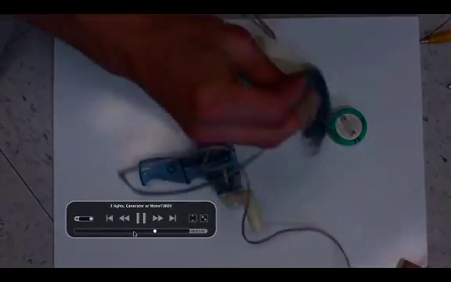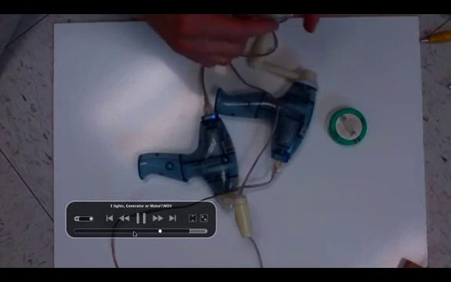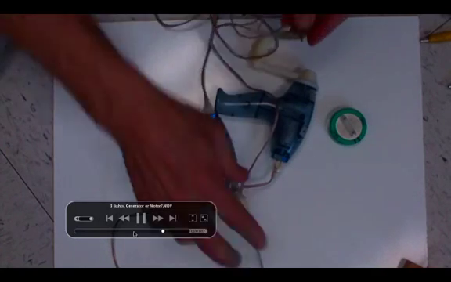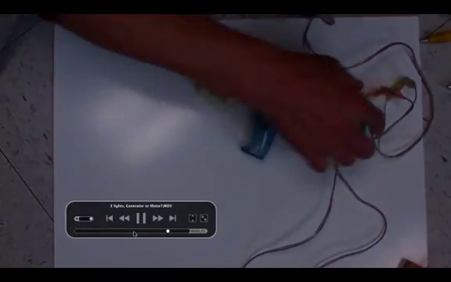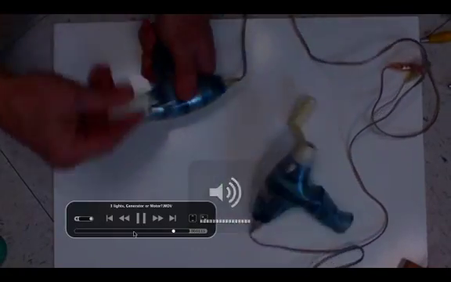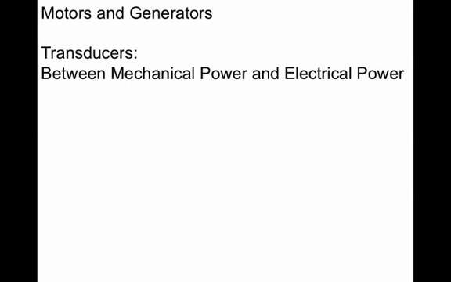So how about if we have two and we hook them together? Now one of them, in my hand, I'm generating electricity with it. It's a generator. What about the other one? Well, so now which one is a generator and which one is the motor? So what is mechanical power and what is electrical power?